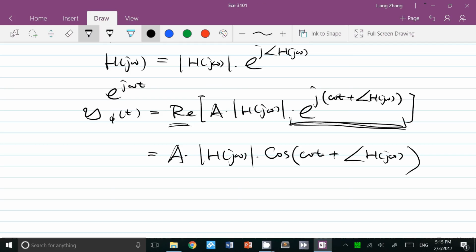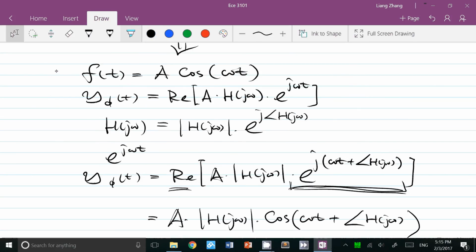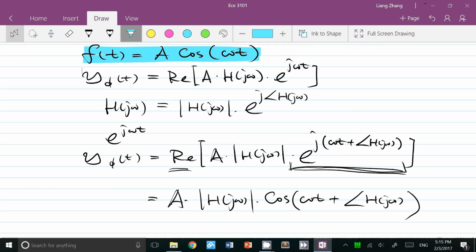The conclusion we have is, if your input is the cosine, the forced output will be again a cosine signal with the same frequency omega, but the amplitude will be amplified by the amplitude of this H function, and the phase of the cosine signal will also be modified by the angle of this H function.